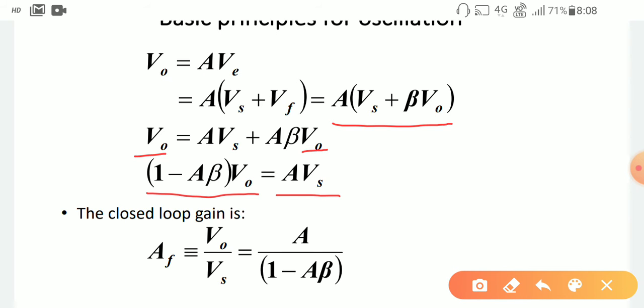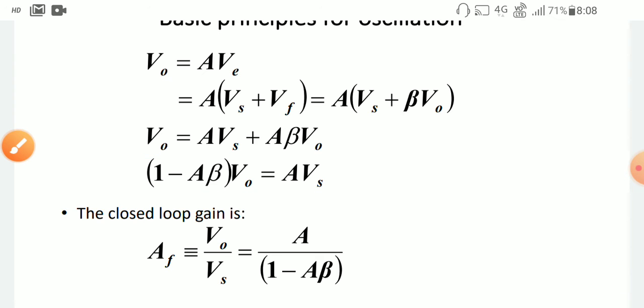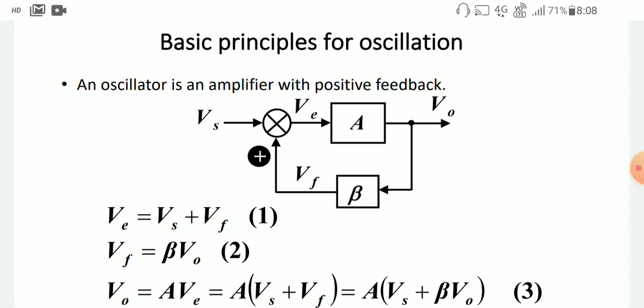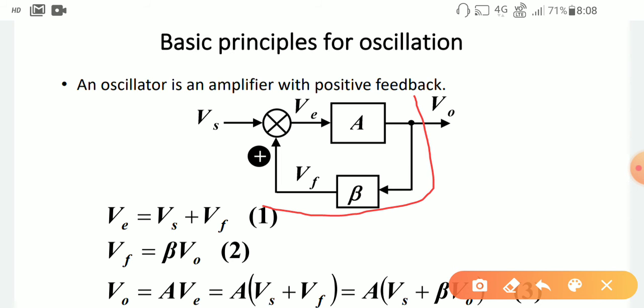Now, if you want to get the feedback path gain, look at this block. We are interested in calculating the path gain. So this is the total block. For this block, this side indicates output and this side indicates input. So the feedback path gain will be output by input.